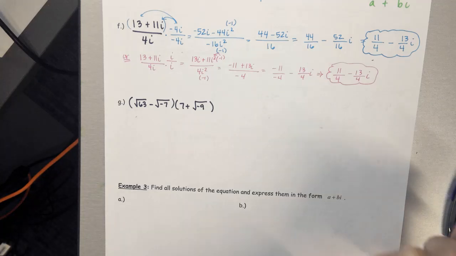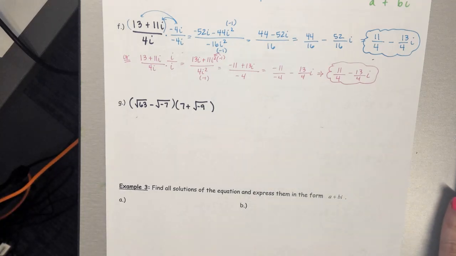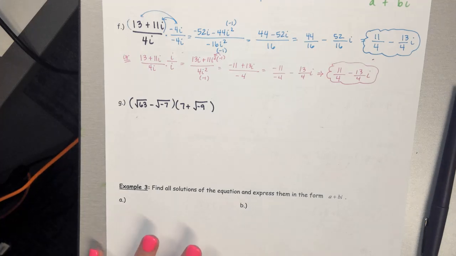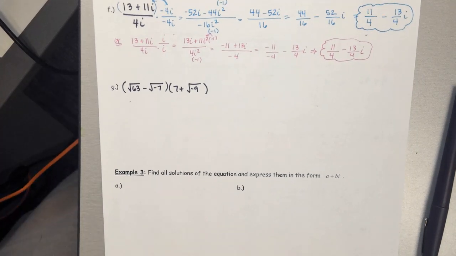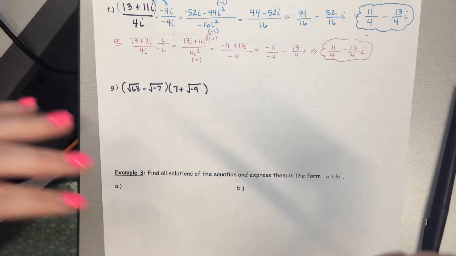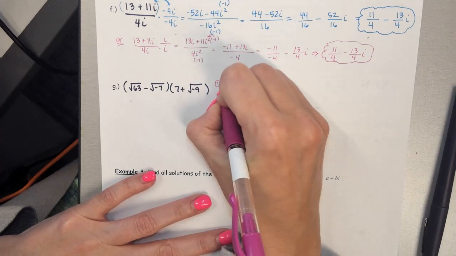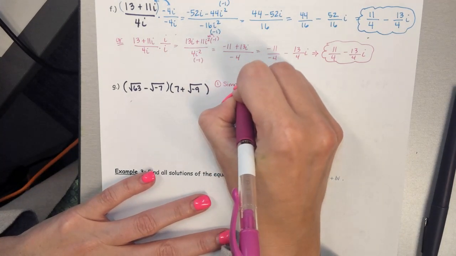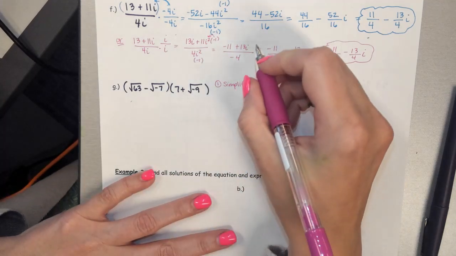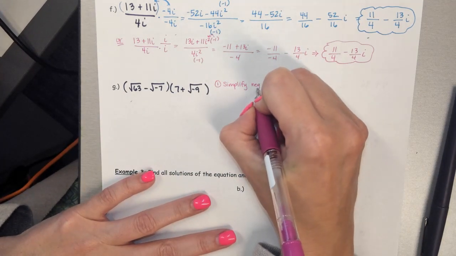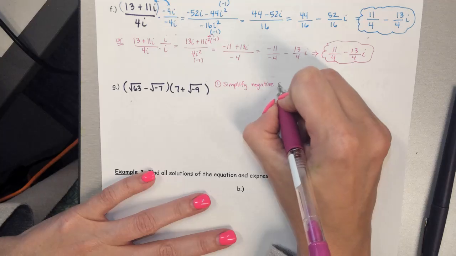When you have a lot of things going on in one problem, I recommend just breaking it down into manageable steps. So the first thing you want to do is simplify the negative radicals.